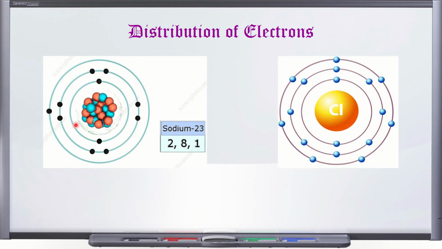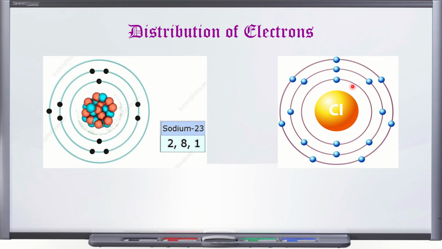Here is another example, chlorine. In the center you can write chlorine, or use a plus sign, which means the nucleus is positive, or you can write proton and neutron. Chlorine has 17 electrons, so its electronic configuration is 2, 8, 7.